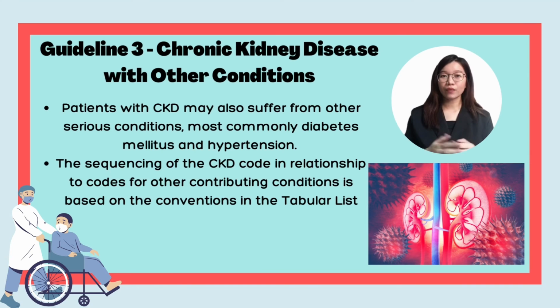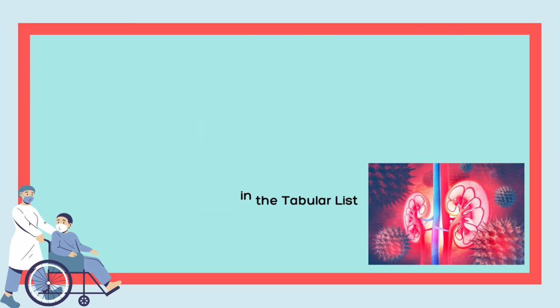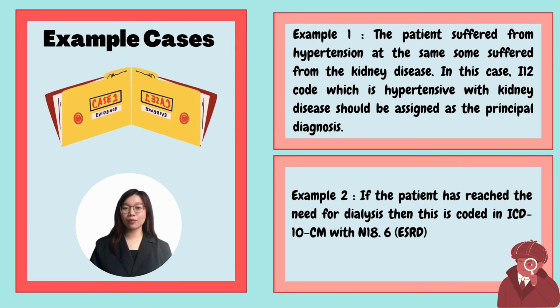For example, for hypertensive chronic kidney disease, we must code first for the hypertension, and next for the CKD, we need to find the chronic kidney disease stage level for the patient. The sequencing of the CKD code in relationship to codes for other contributing conditions is based on the conditions in the tabular list. The example cases: example 1.